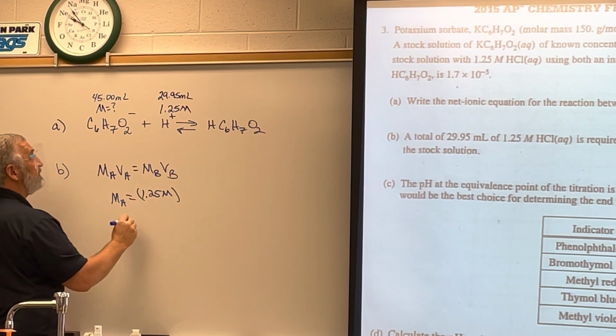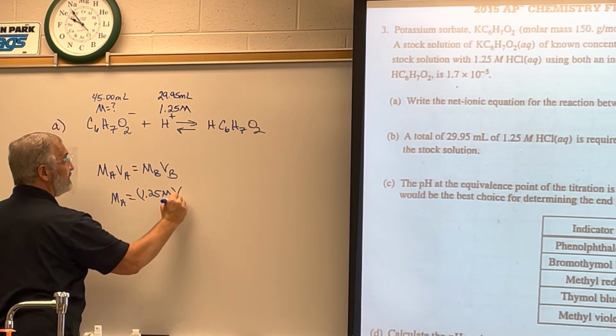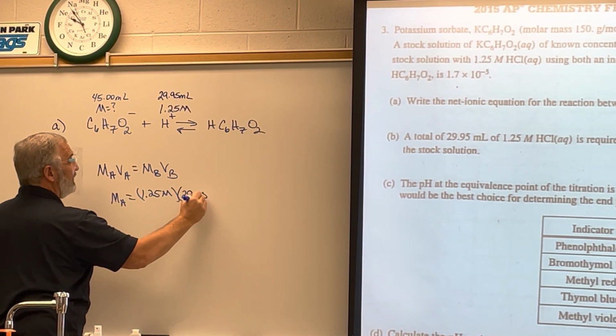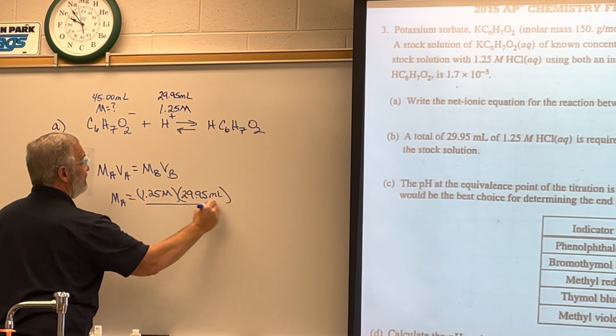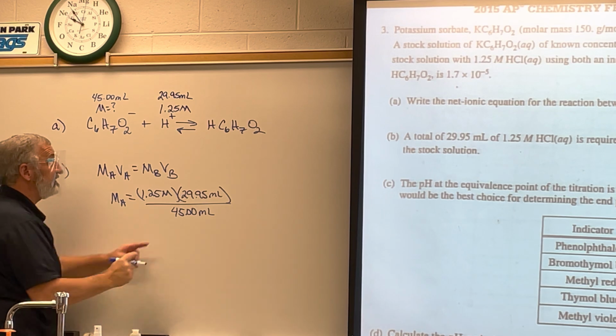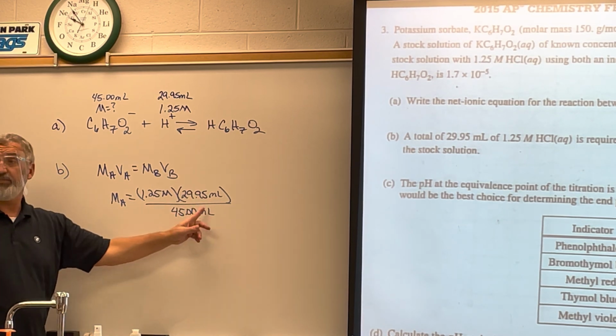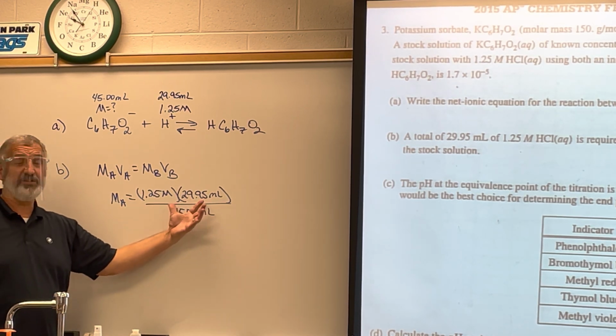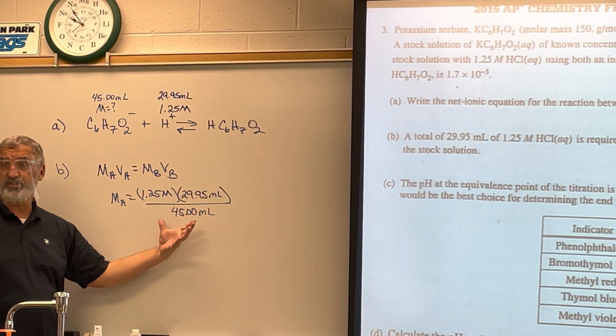Now the good news is this is a ratio. I can leave it in milliliters. 29.95 divided by 45. As long as these two units are the same, it doesn't matter what they are, the volume. Because if you multiply each of them by, or divide each of them by 1,000, you're going to get the same ratio.